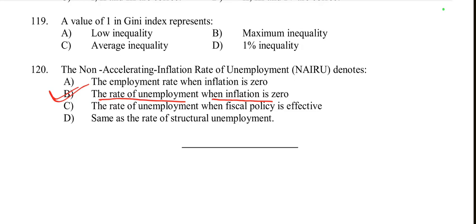Yes, because NAIRU is the specific level of unemployment in an economy that doesn't cause inflation to increase. In other words, if unemployment is at the NAIRU level, inflation is constant. So inflation is constant or 0 at the NAIRU level. So option B is right here.